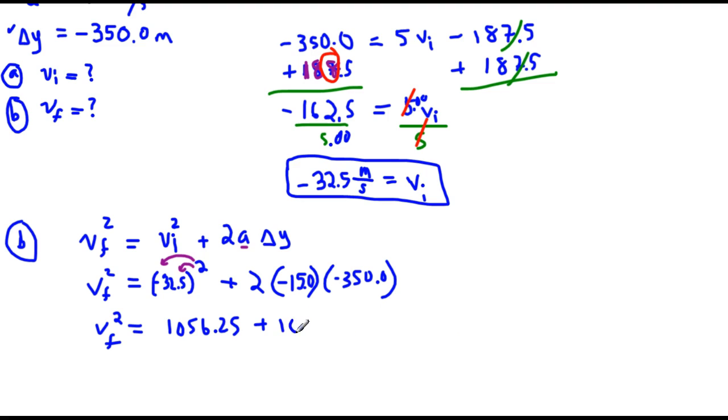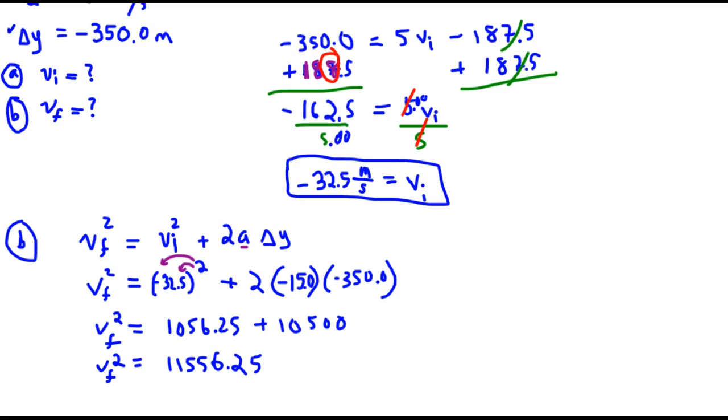This is plus 10500. And what is VF squared? VF squared is, I add these up, and I get 11556.25.